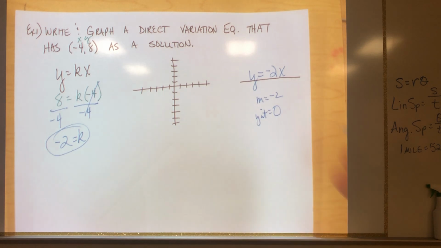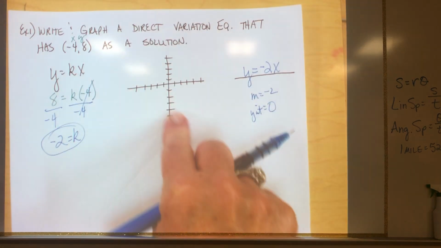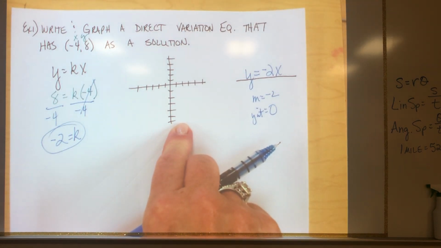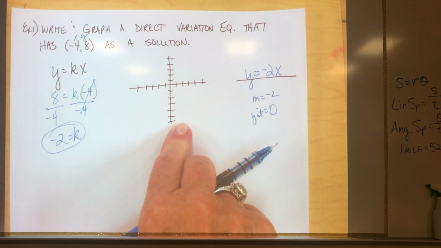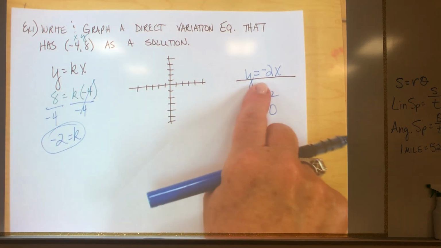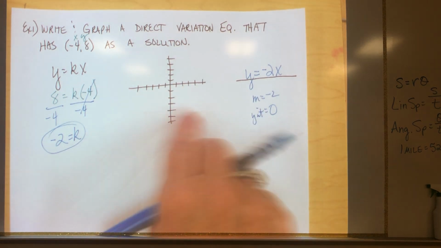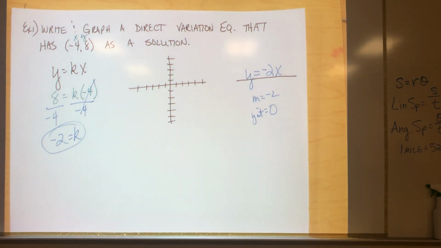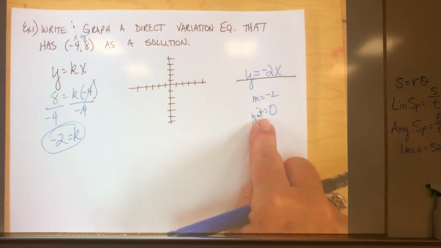All right, so when you're graphing, am I looking for specific points? Yes, I am. Could I just put this in my calculator and go to my T-chart and write 2 points down and graph those 2 points and draw my line? Yep. Well, I don't know if you're lucky enough to get the ones I'm looking for, okay? What's the first point I'm looking for? 0, 0. That right there, that y-intercept.